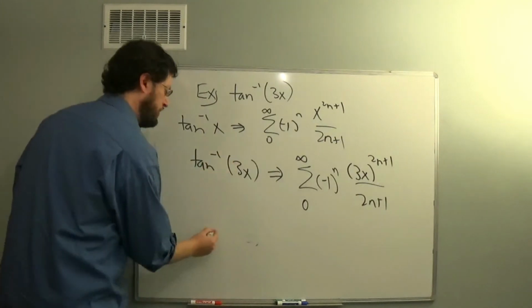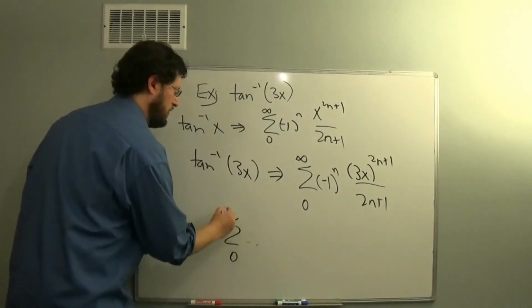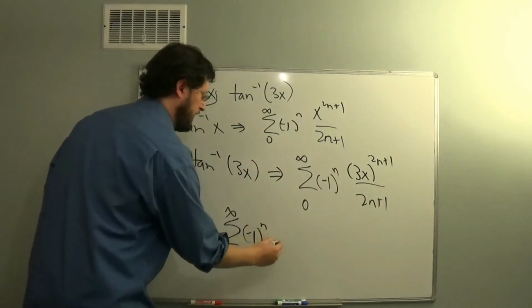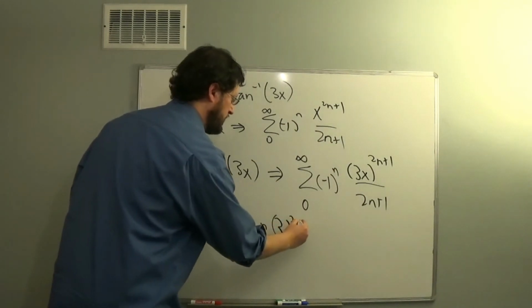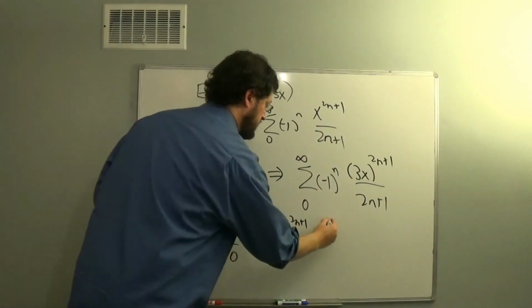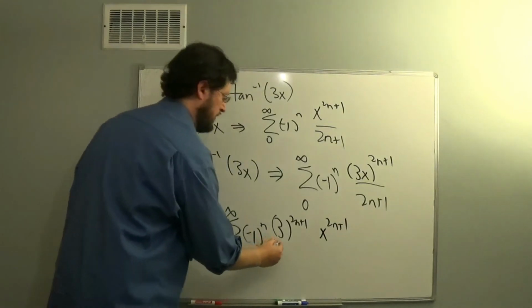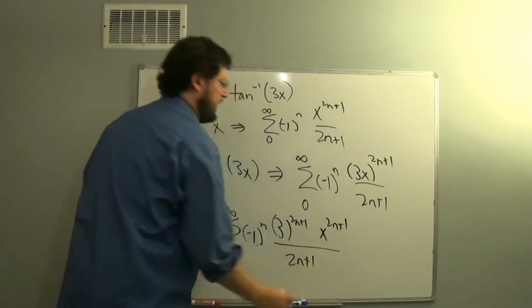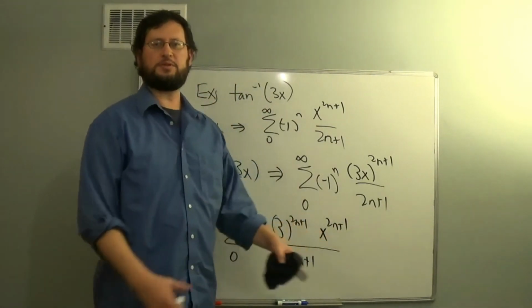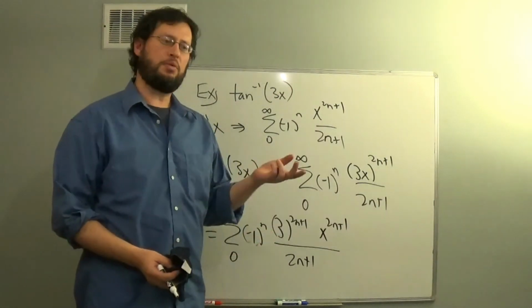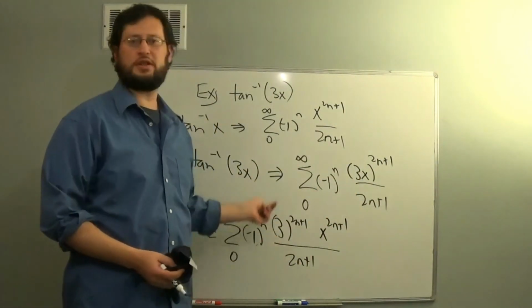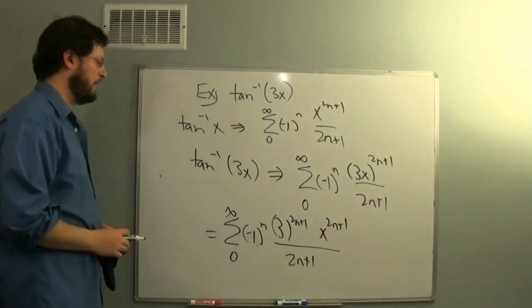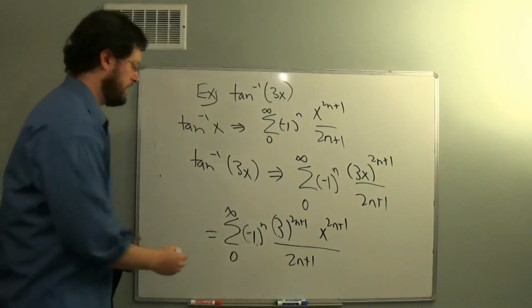And that's good enough, but we could distribute: the sum from 0 to infinity of negative 1 to the n, 3 to the 2n plus 1, x to the 2n plus 1 over 2n plus 1. I like to have the x's separated out because we think about those as the variable in a polynomial and everything else is the coefficient. And that's it. That's the answer.